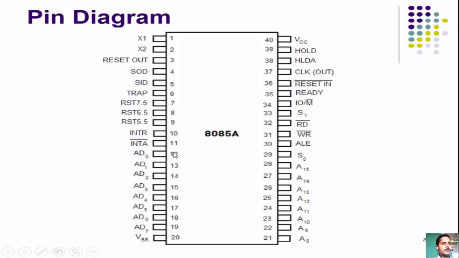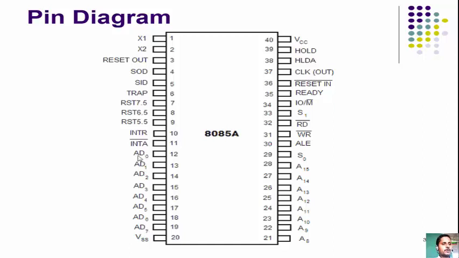Pin number 12 to pin number 19, these are the multiplexed address and data pins. So in this diagram, A indicates the address and D means data. So multiplexed address and data pins, that is AD0 to AD7.